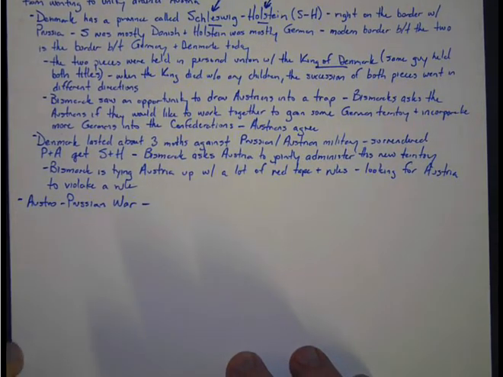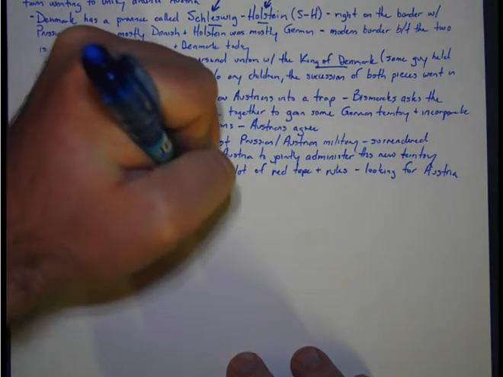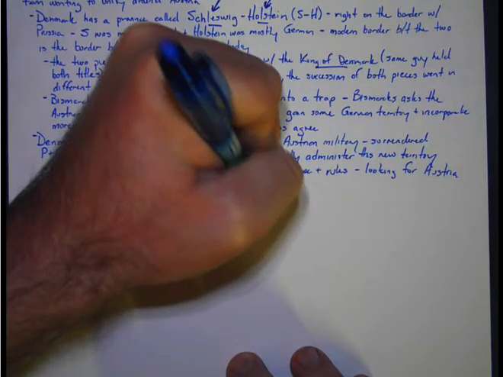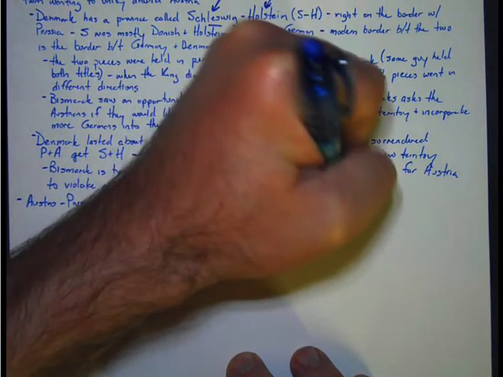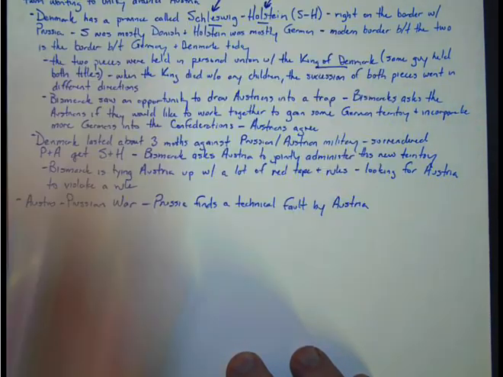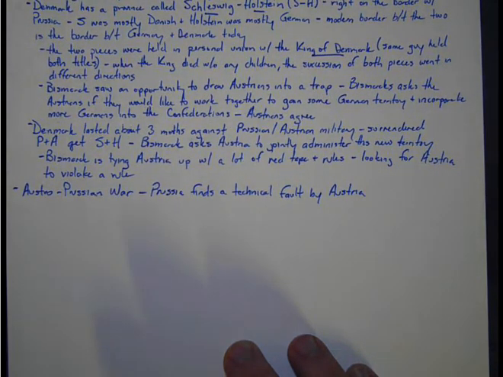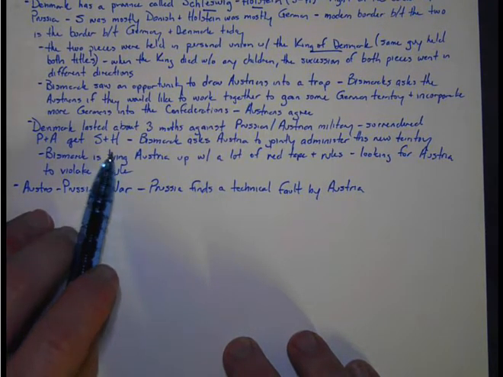The setup to this is that Prussia finds a technical fault by Austria. They do a minor thing wrong, and Prussia calls them out on it because they've been on the lookout for things that Austria is going to do wrong in this bureaucratic maze that Bismarck has set up in administering Schleswig and Holstein.